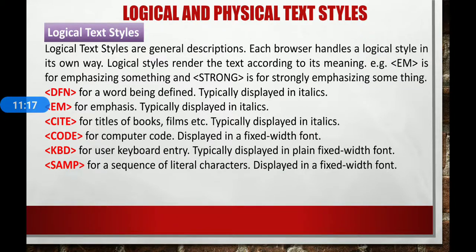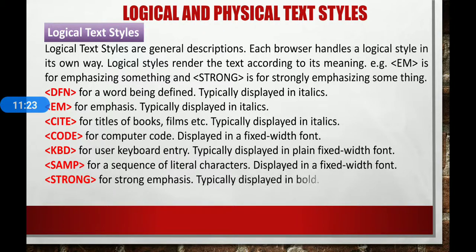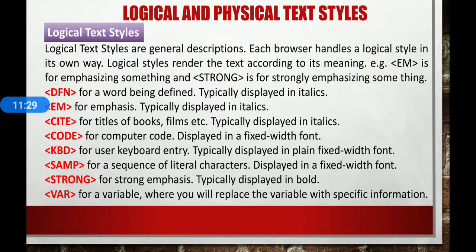SAMP is for a sequence of literal characters. It is also displayed in fixed width font. Strong is for strong emphasis, just like bold. And if you want to display some variable, meaning you will replace the variable with specific information, you can use VAR.